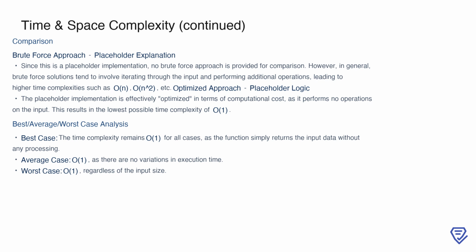In contrast, the placeholder implementation is computationally efficient, as it performs no operations on the input. This results in an optimal time complexity of O(1). Additionally, the best, average, and worst-case scenarios all yield the same time complexity of O(1), since the function's behavior does not change based on the input size or contents. This consistency highlights the simplicity and efficiency of the implementation.